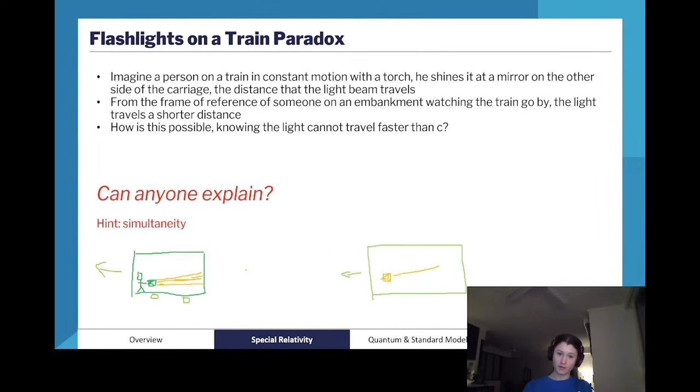So they're seeing this light source, but they're seeing the carriage move towards this light source and the light move towards the carriage. So what they're going to see is the light moving a shorter distance. So, how is this possible, knowing that the light cannot travel faster than c? Pause the recording, see if you can explain it. And the hint is simultaneity.